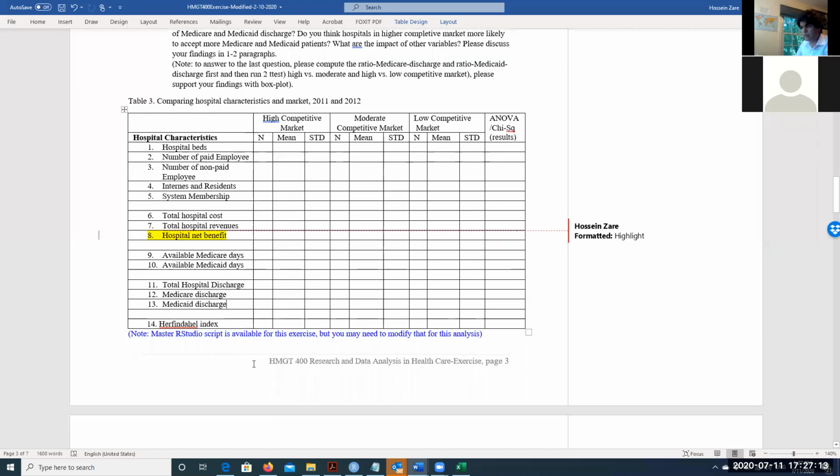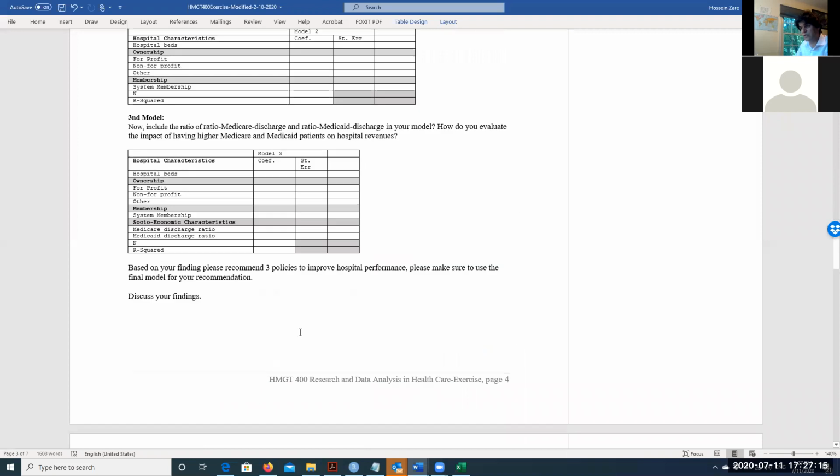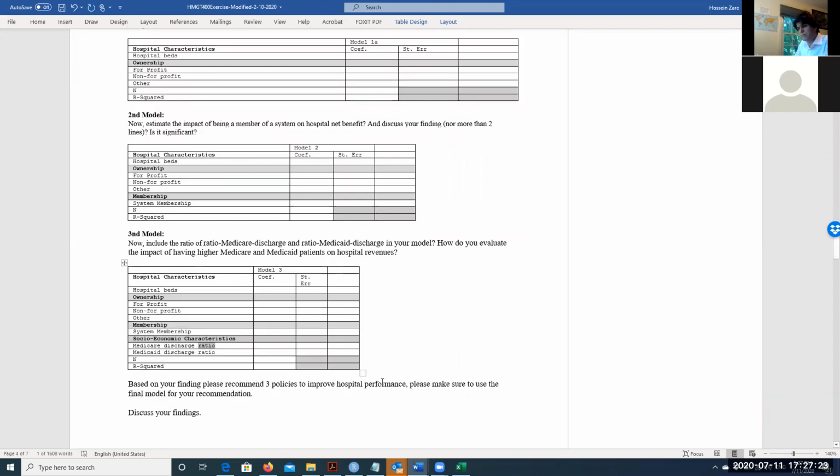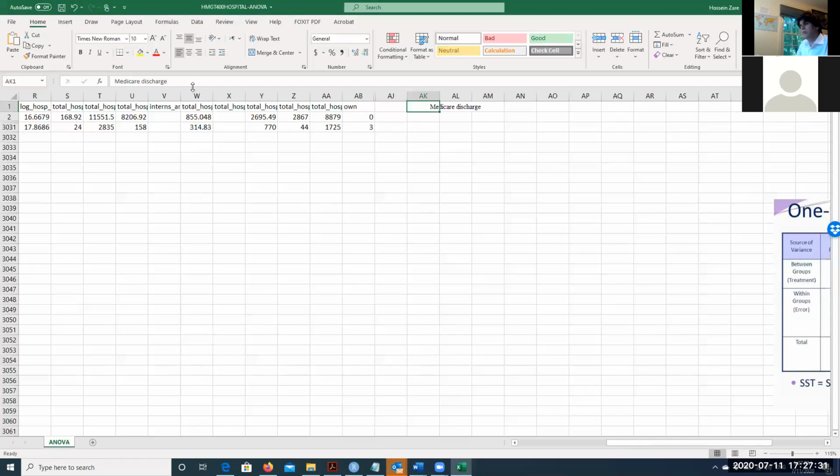I was thinking the other day, oh, this is for next week, for the ratio. Let me explain that to you because you need that for exercise 4 also. For the Medicare ratio, you should go with this approach. You have two variables here, that's for exercise 4.